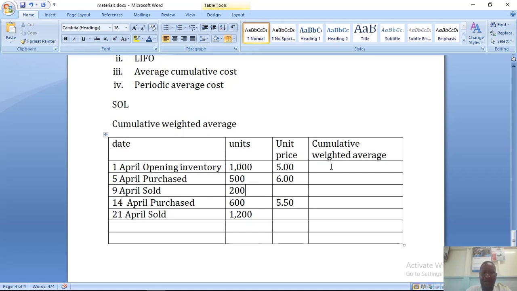So the value of the 1,000 units opening inventory at $5 per unit is $5,000. The value of 500 units at $6 per unit, 500 multiplied by 6, is $3,000. That's the value.